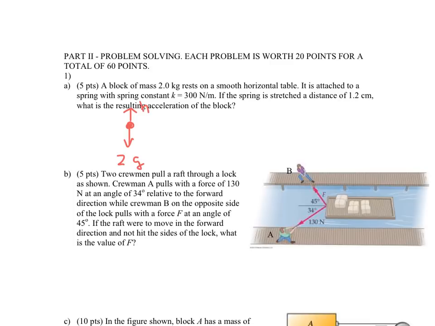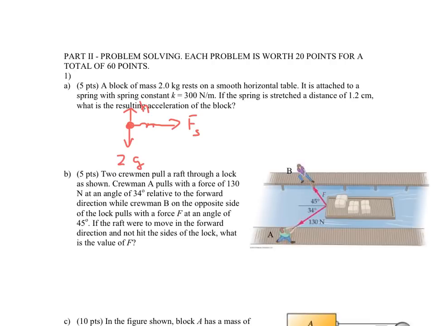And if you attach a spring to it and you stretch the spring, this will exert a force, the spring force. And since it's on a smooth horizontal table, this is it. Now, we don't need to consider the vertical motion because it's not moving vertically, it's moving horizontally.